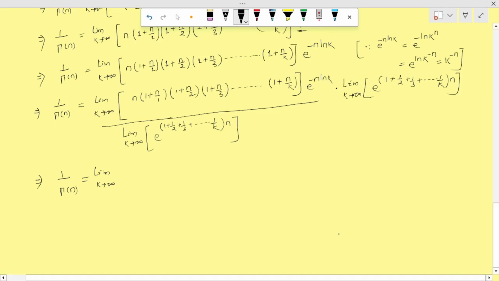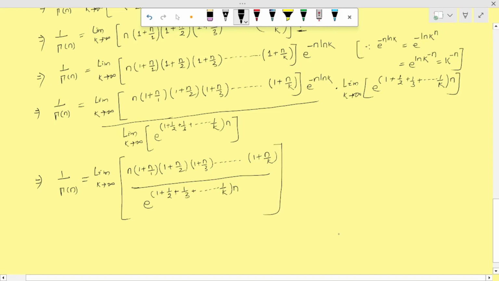Here you just write whatever was written: (1 plus n by 1)(1 plus n by 2)(1 plus n by 3) up to (1 plus n by k), whole divided by exponent to the power (1 plus 1 by 2 plus 1 by 3 plus up to 1 by k) into n.